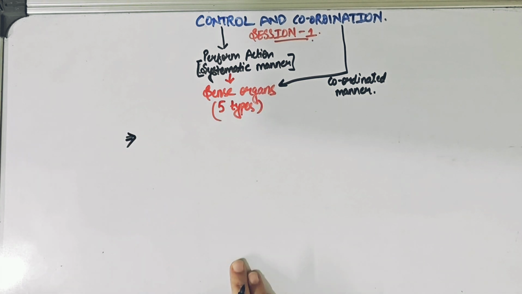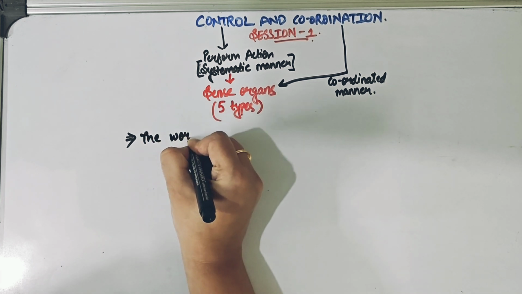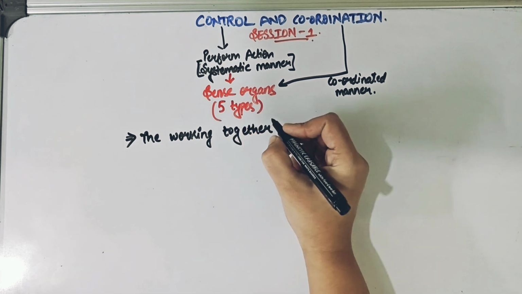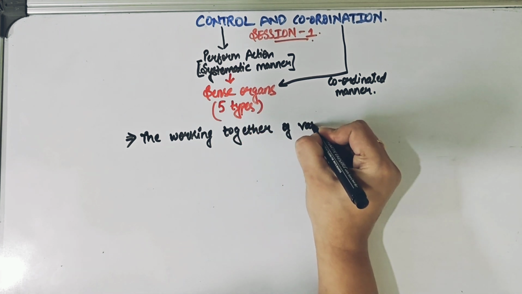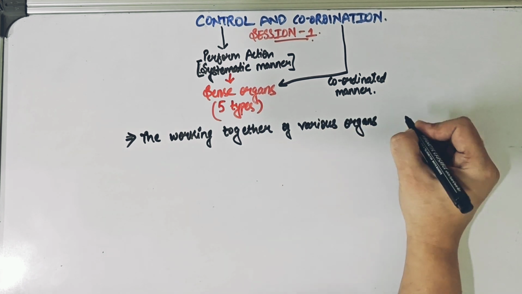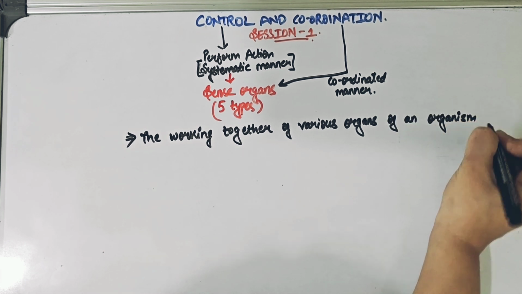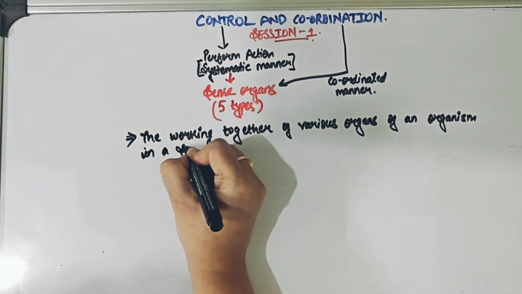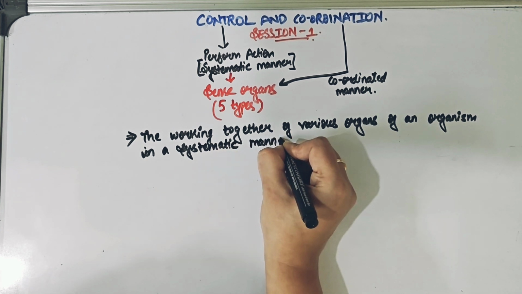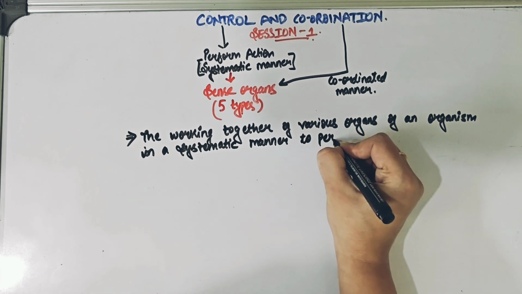So how can you define control and coordination then? So control and coordination is the working together of various organs of an organism in a systematic way, or in a systematic manner, to produce or to perform an action.